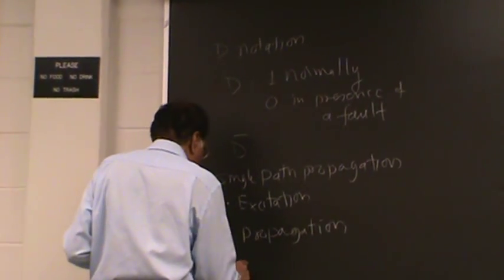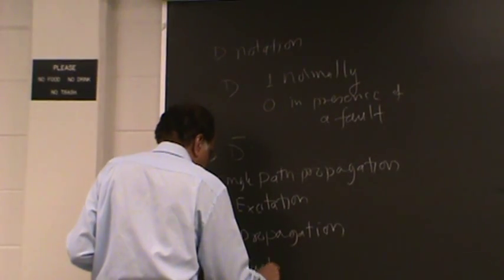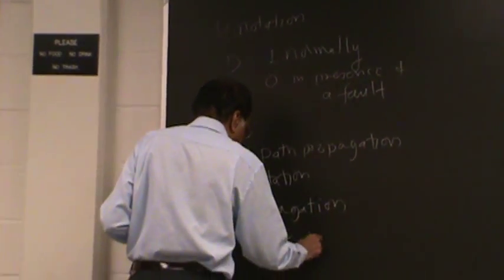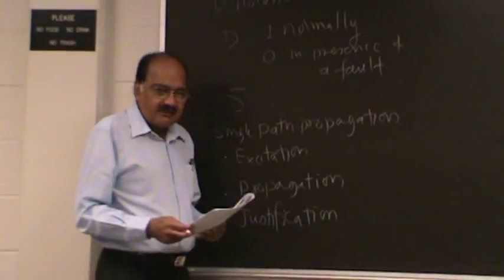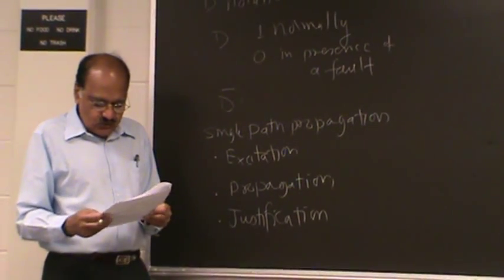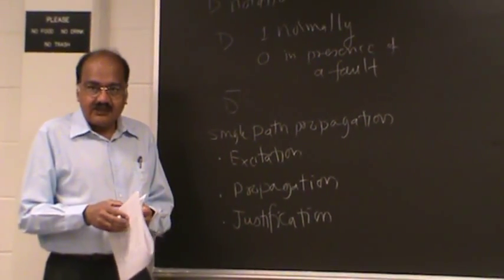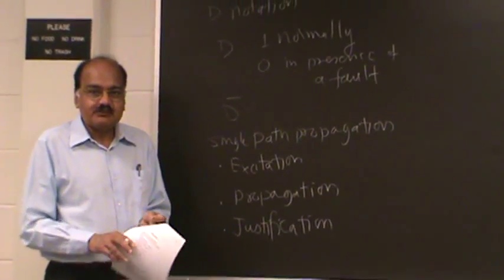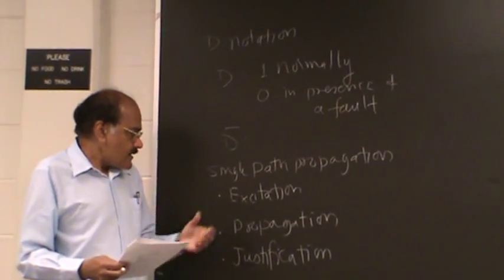And then you need to do justification. And whenever appropriate, you need to do implication. That means when you choose some values, some other values get implied.